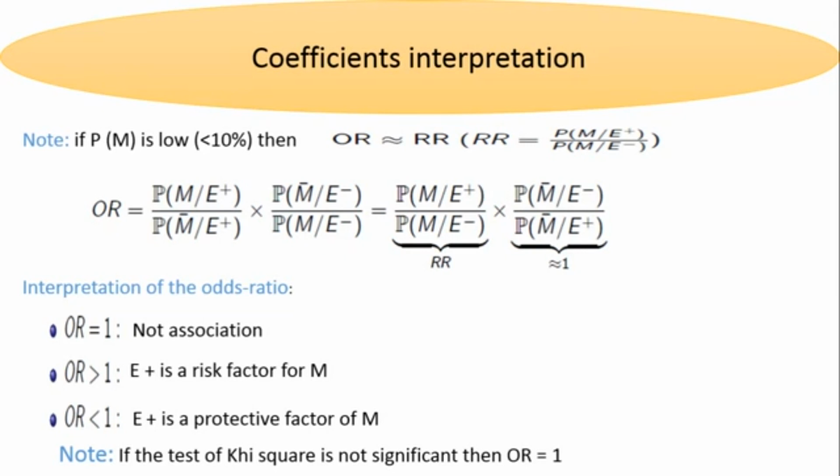Conversely, when the odds ratio is less than 1, the exposure is a protective factor for the disease. We can conclude that the odds ratio is equal to 1 when the chi-square association test is not significant.